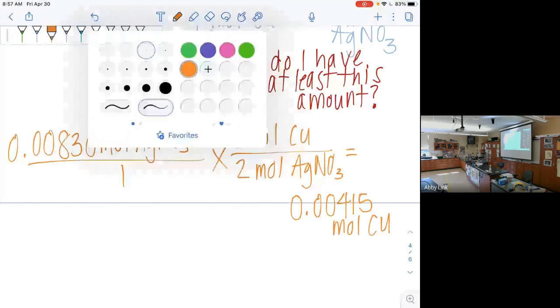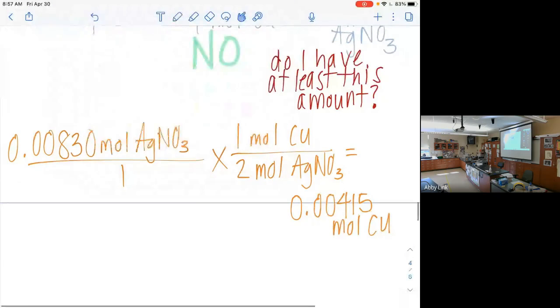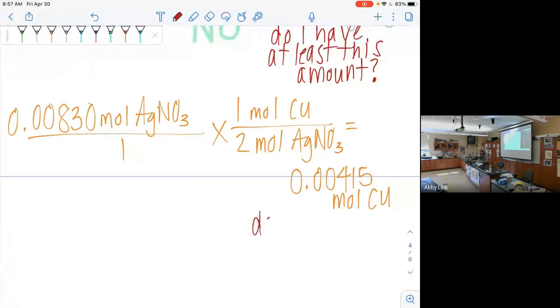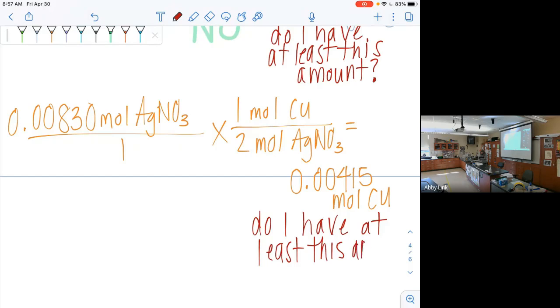I'm going to ask you the same question. Do I have at least this amount of my copper? Decimals are hard.